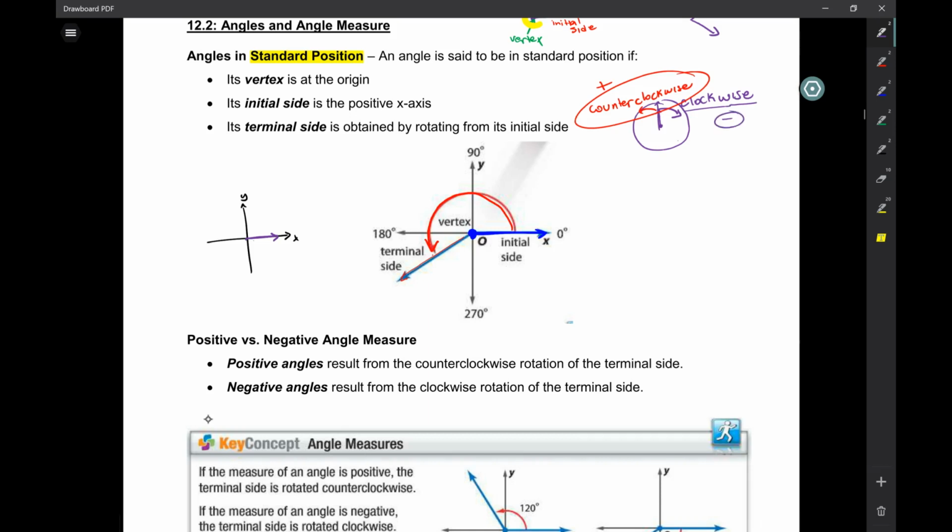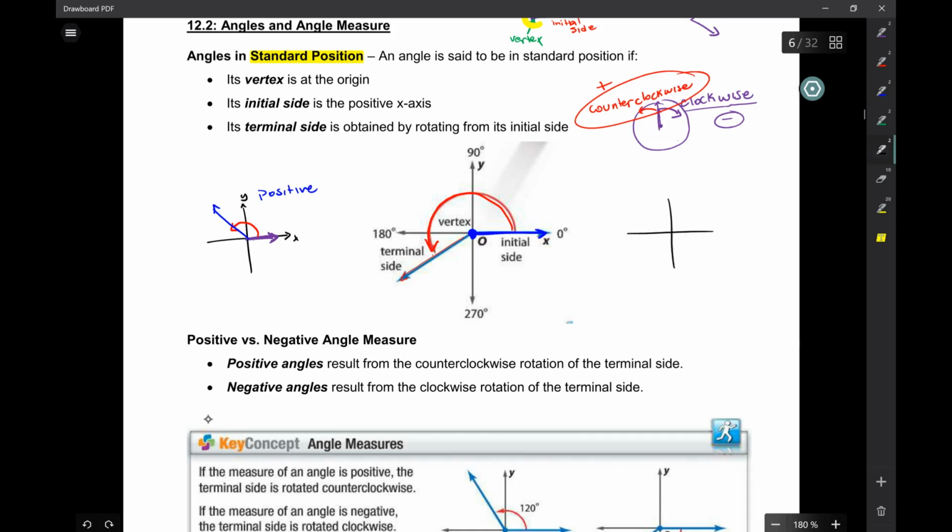So if we come over to the left side of the screen here, where I was beginning to draw my angle in the standard position, here is my initial side. Now, if I were to rotate away from this in the counterclockwise direction, then what I create with my terminal side is a positive angle.